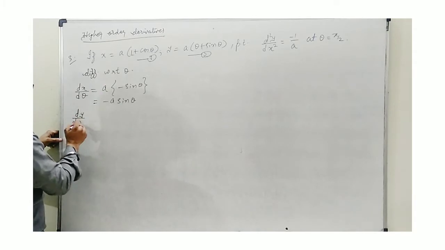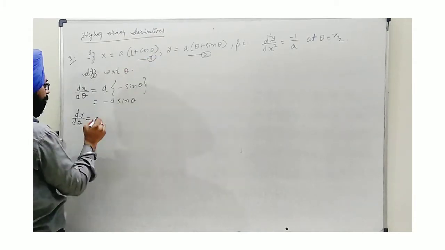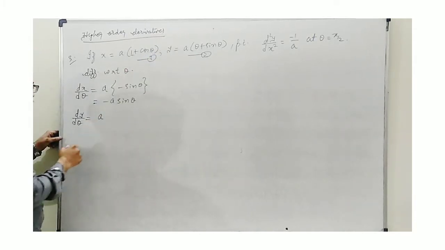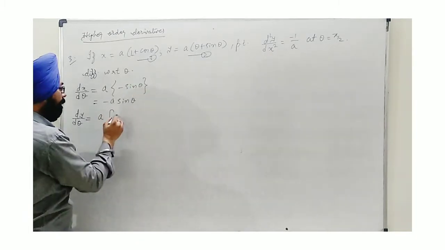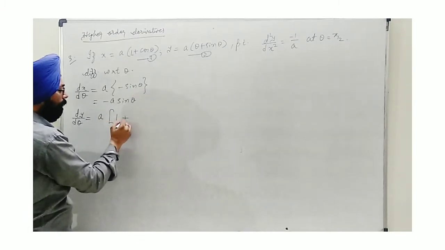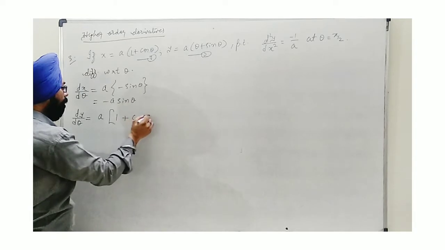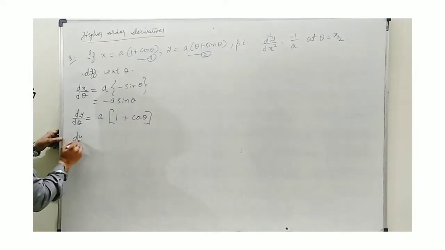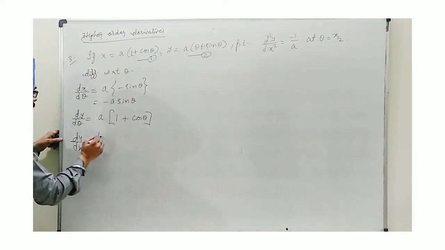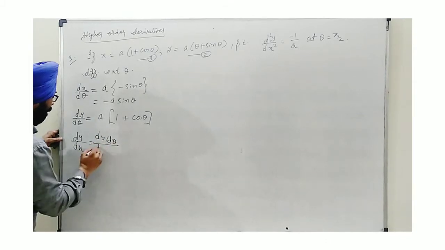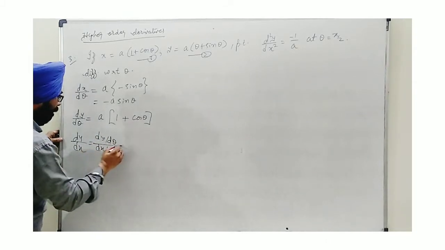Similarly, dy by d theta we obtain by differentiation. A being the constant remains as it is. Theta, the parameter, its differentiation is 1. Sin theta differentiation is cos theta. Now to find dy by dx, obviously we need dy by d theta divided by dx by d theta.